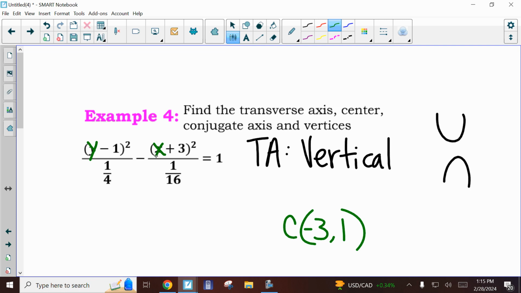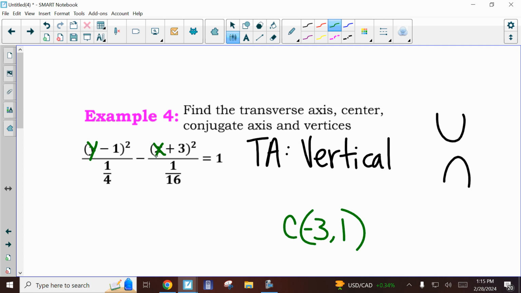So you can't put 1, -3 because 1 doesn't go with x. -3 goes with x. So that means that the x value has to be -3 and the y value has to be +1. This is the one where you have to pay attention because this is the only one where the letters are backwards sometimes.